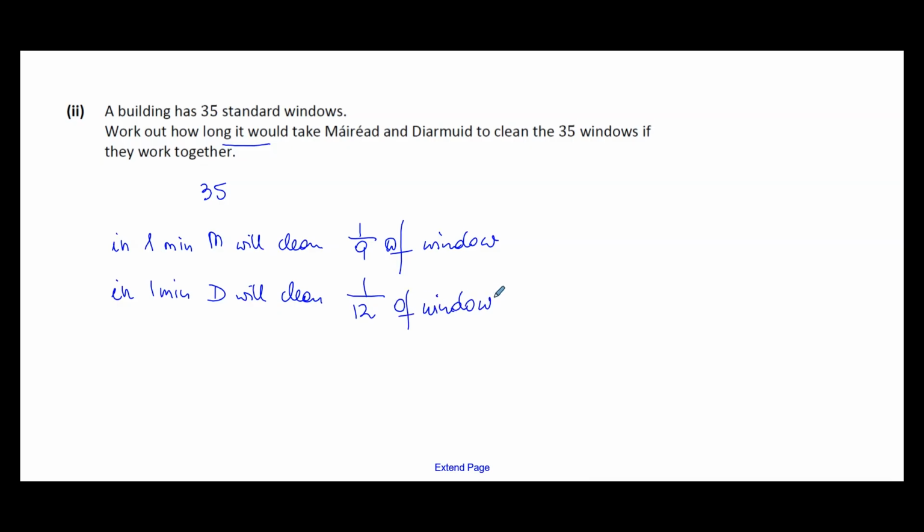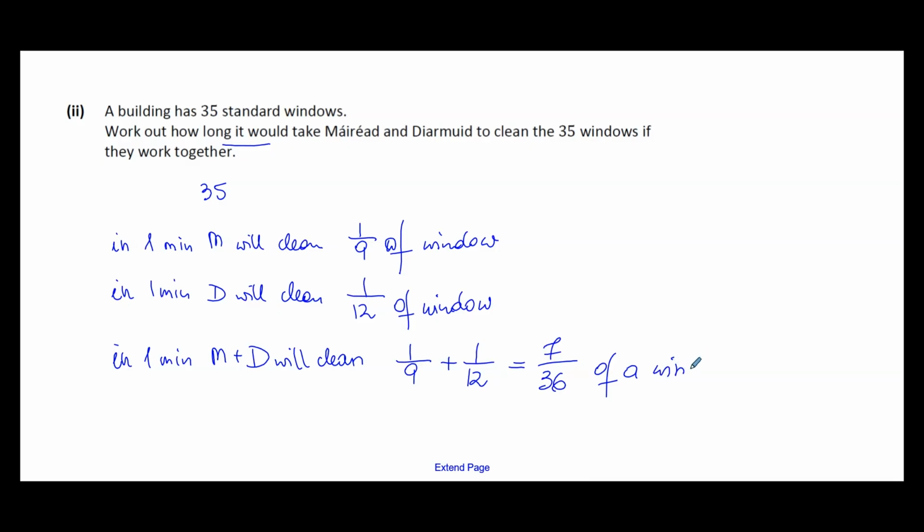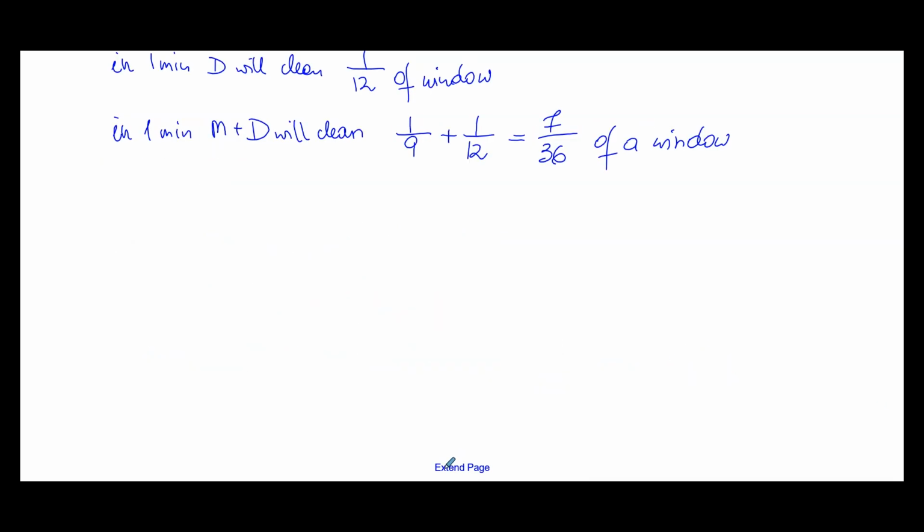So the question is, well, together in 1 minute, Myriad and Dermont will clean how much of a window? So 1/9 plus 1/12. We put that in the calculator and we get 7/36 of a window. So that's how both of them will clean together.